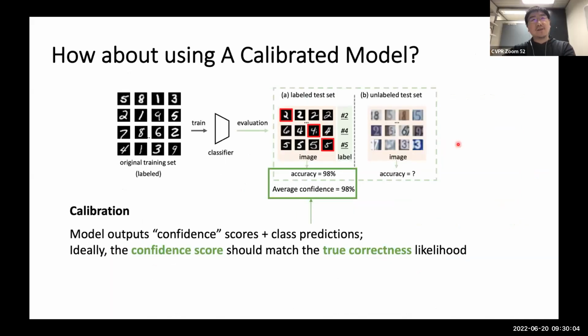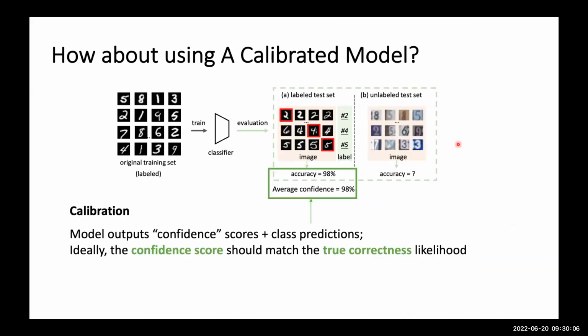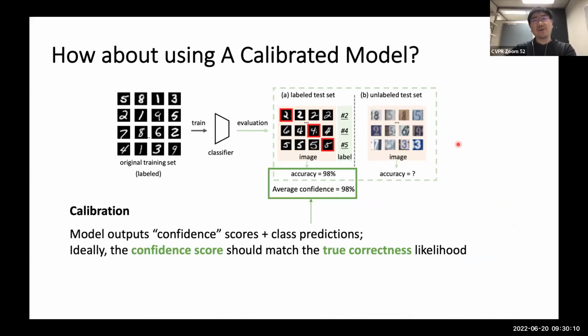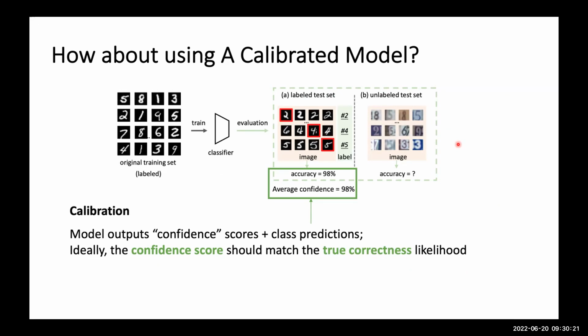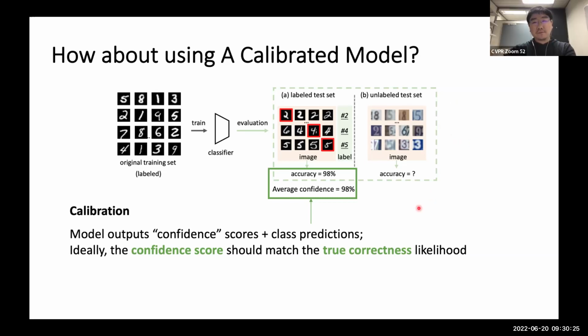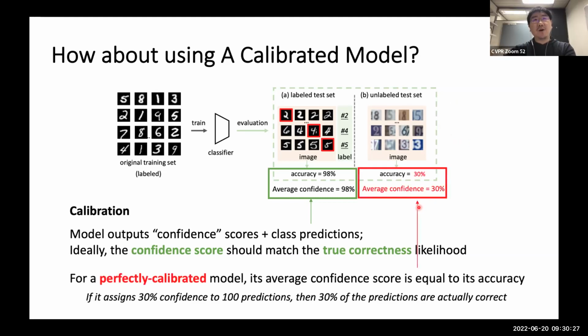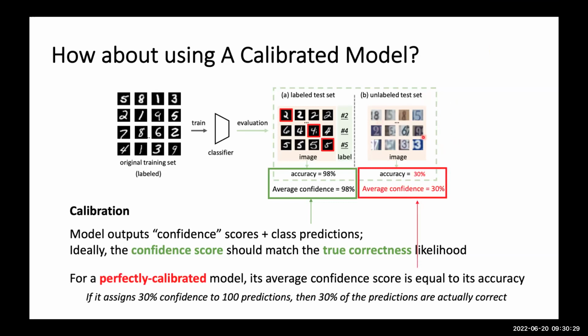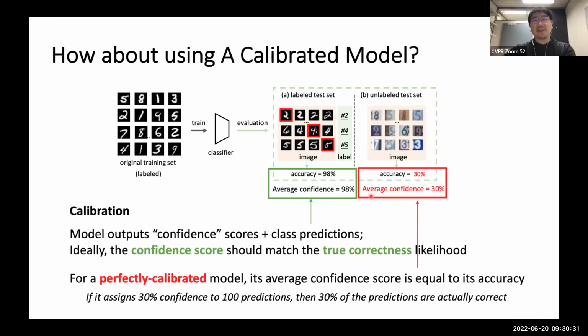If you are familiar with model calibration, you would come up with an idea using a calibrated model. Can we use a calibrated model to directly obtain our model performance on this unlabeled test set? For example, when we have an unlabeled test set, we calculate the average confidence of our model.